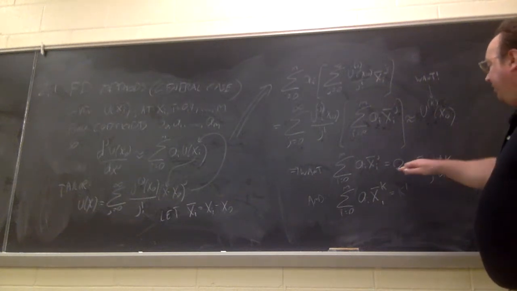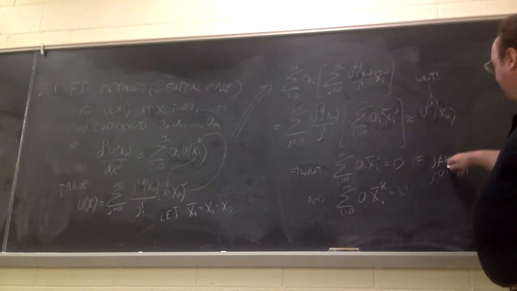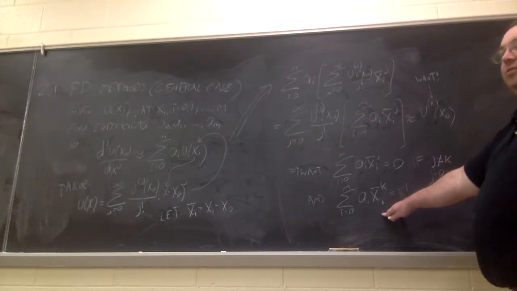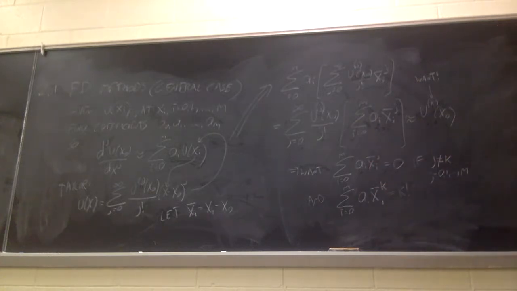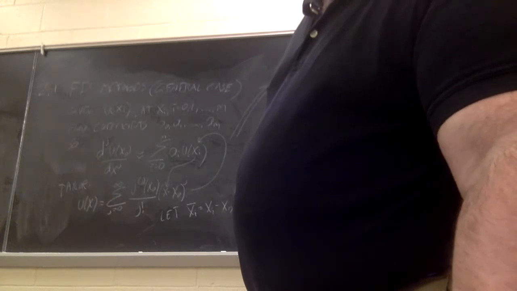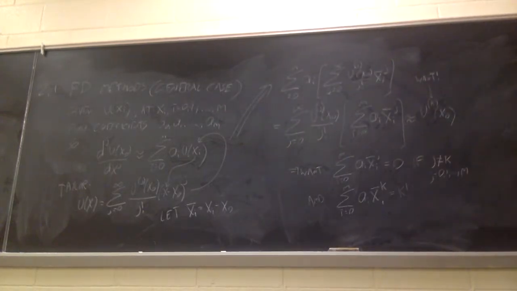So m of them will be this, in other words, skipping over j equals k. And then I have this one. So a total of m plus 1 equations for m plus 1 unknowns. Questions so far?